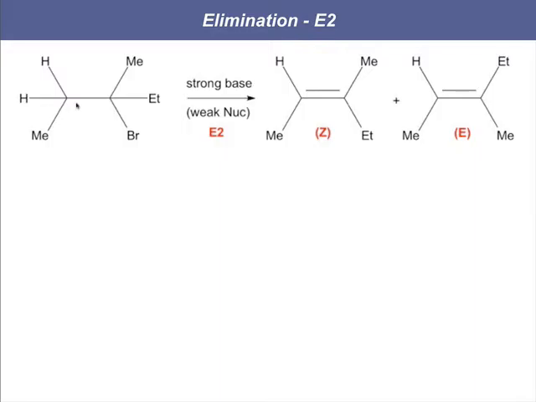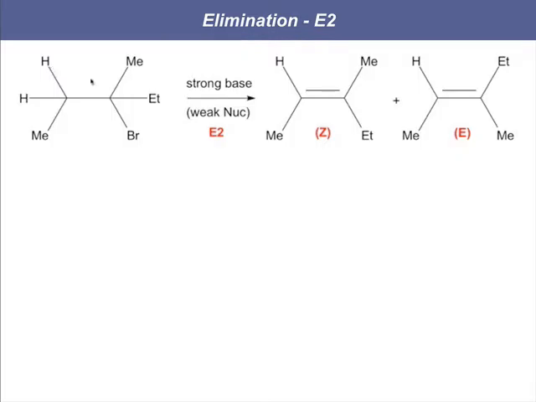And here's the big picture. We have some substrate that involves a leaving group, in this case a bromine, adjacent to a hydrogen. And what I mean is that we have a carbon bearing a bromine, or a carbon bearing a leaving group, adjacent to a carbon bearing a hydrogen.